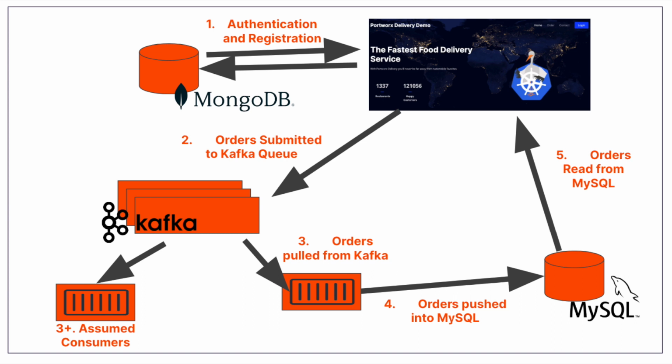You can see from this architectural diagram that we still use MongoDB Enterprise for authentication, but we push any order submissions into a Kafka topic. Data from that Kafka topic is pulled by a Kafka consumer and pushed into a MySQL database. The PX Delivery app then reads previous orders from MySQL. This looks a lot more like those microservices apps that we talked about early on during this demo, doesn't it?